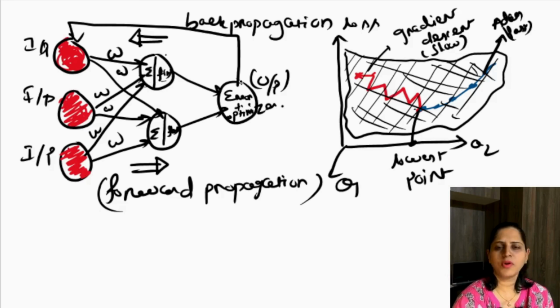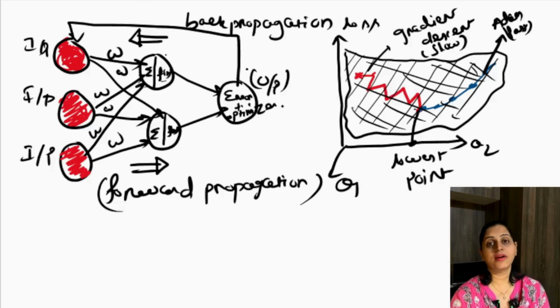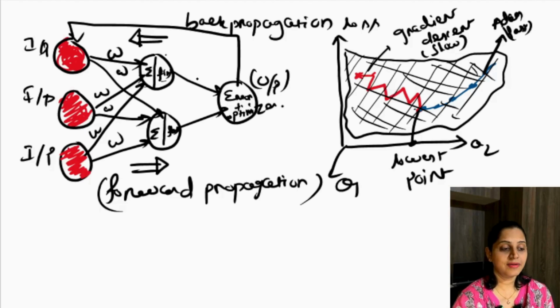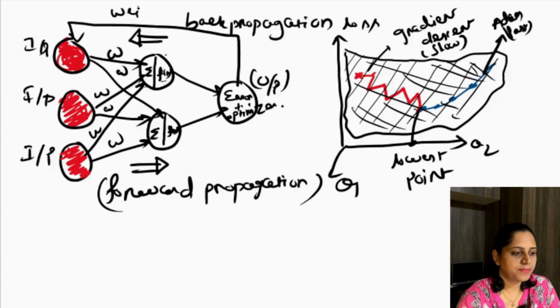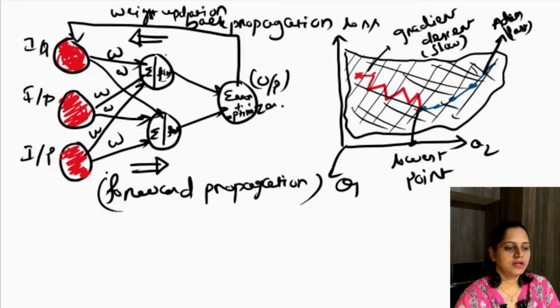I'm not saying that my output layer cannot have an activation function. It can, based on the requirements. However, my output neuron should have one error function plus my optimizer, right? Because from here weight updation is happening, correct? Weight updation is happening in my back propagation. So this is my overall thing.